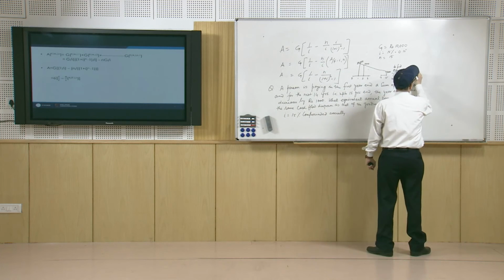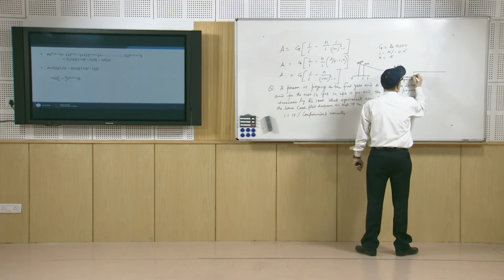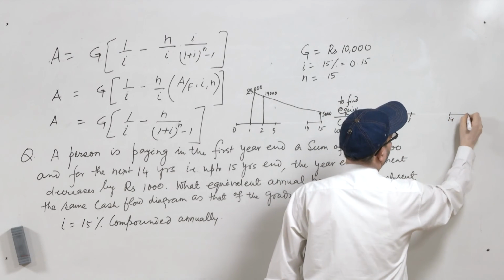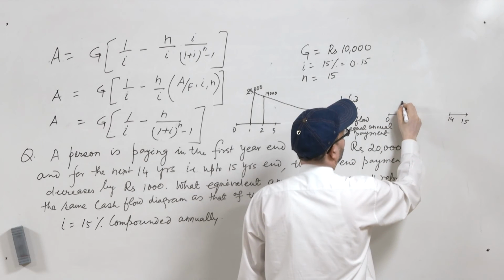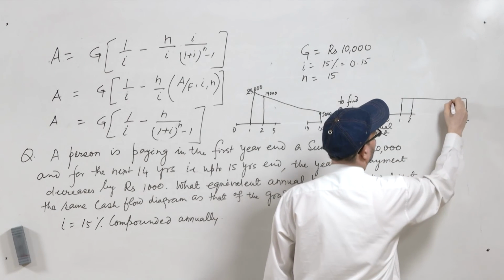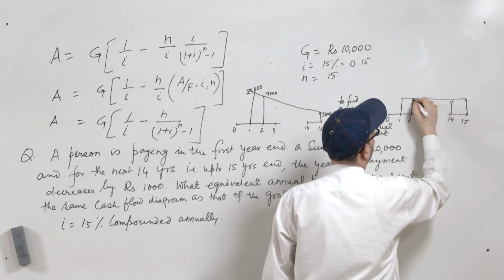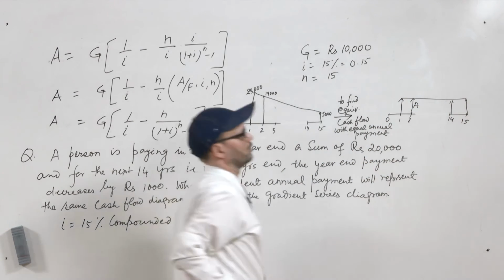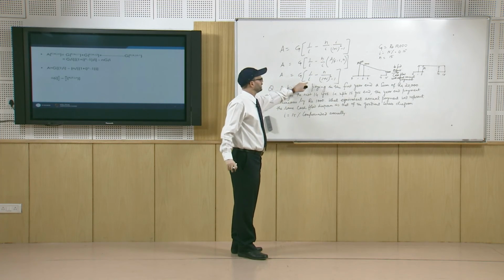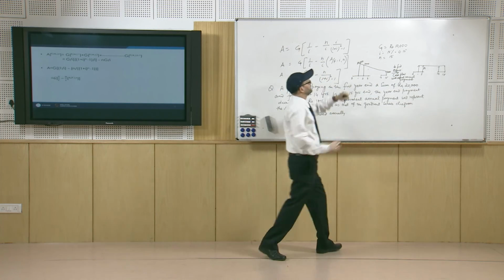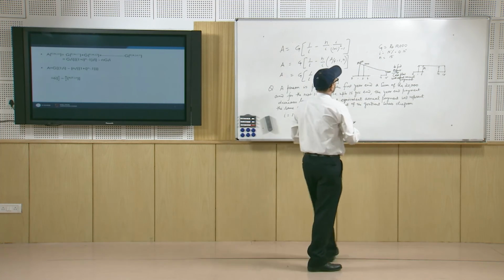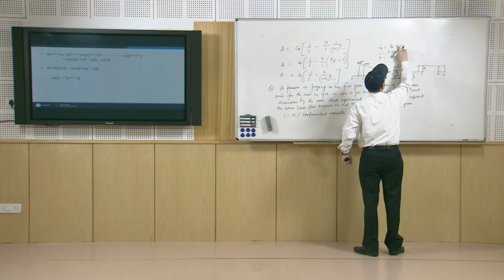And that will be like this: 0, 1, 2, 14 and 15, and basically you have to find what is this A. So basically whatever value you get here, that will be deducted from rupees 20,000. This is only 1,000.